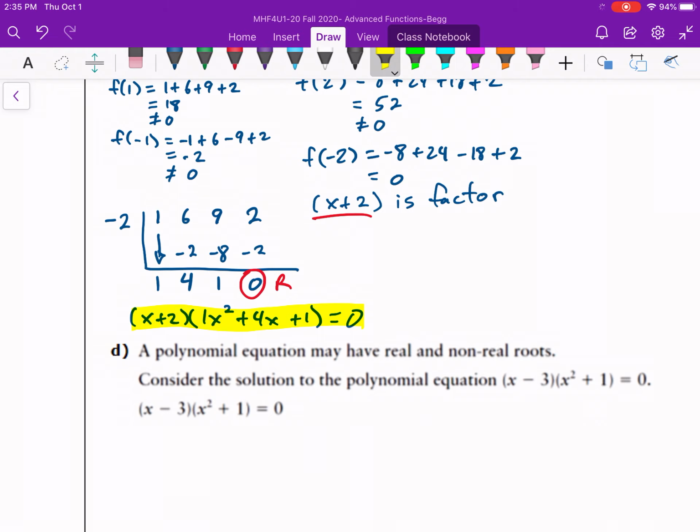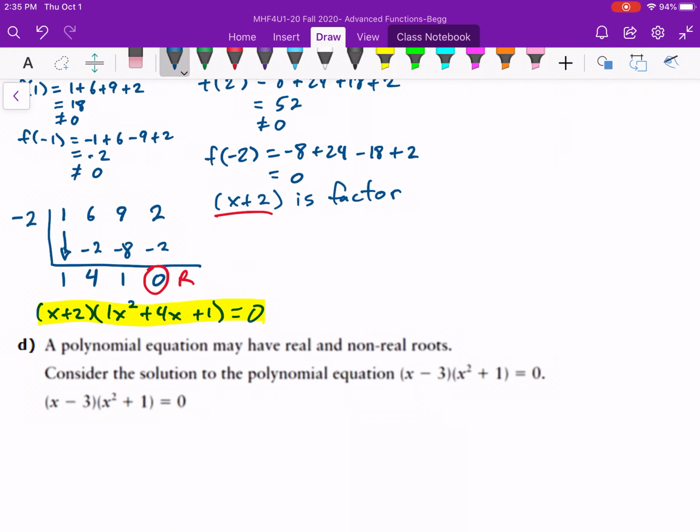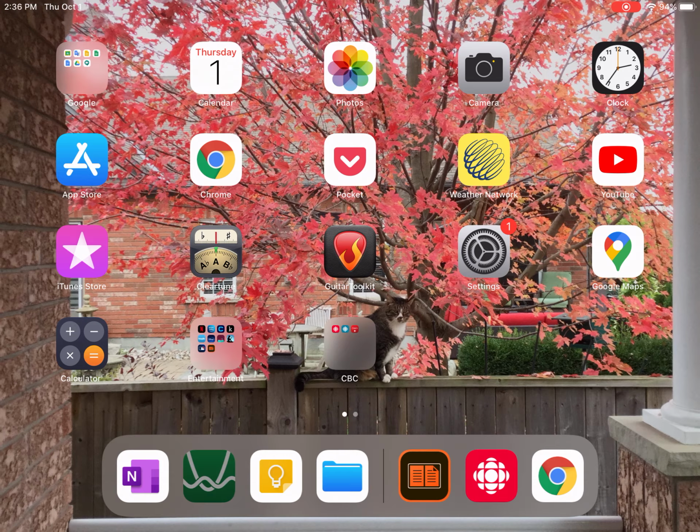So what we've seen is that we would then take this and try to go further with what's in the brackets. So I would look for 2 things that multiply to give 1 and add to give 4, and I can't think of anything. We could try using the quadratic formula, but then it's not really a factor. We could go to Desmos as a quick way to check. x squared plus 4x plus 1.